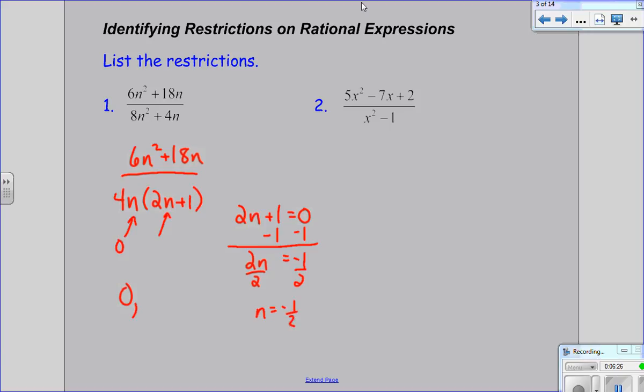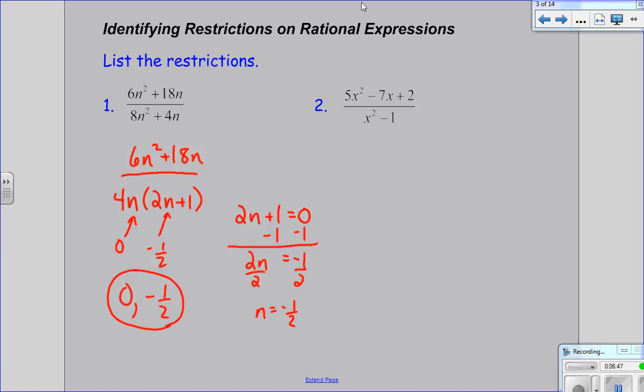If I plug in a negative 1/2, that should result in 0 in the binomial. So if I get 2 times negative 1/2, that's negative 1, and negative 1 plus 1 is 0. So my other restriction is negative 1/2.